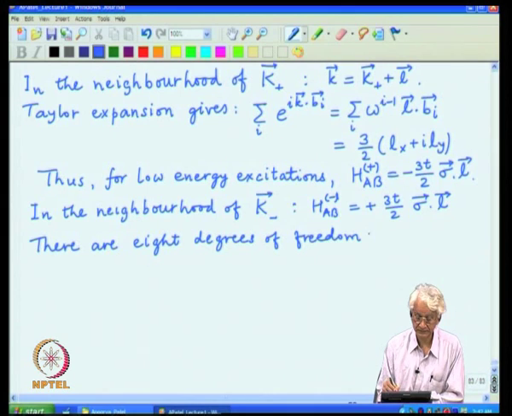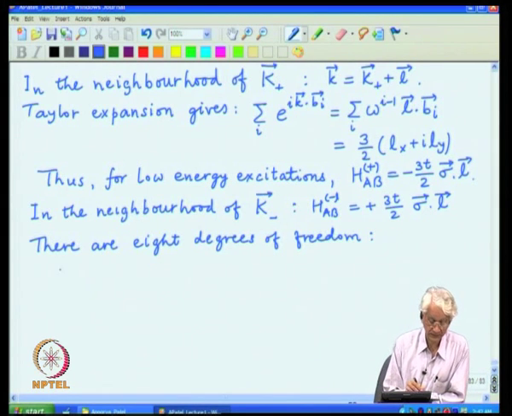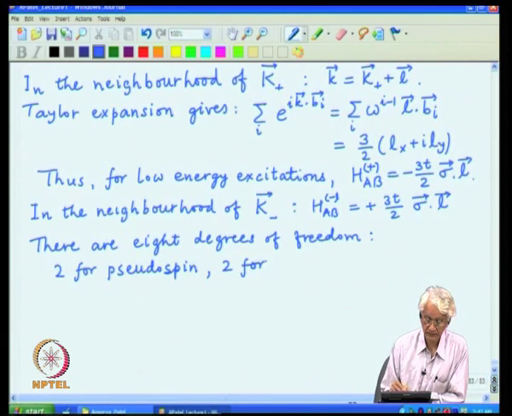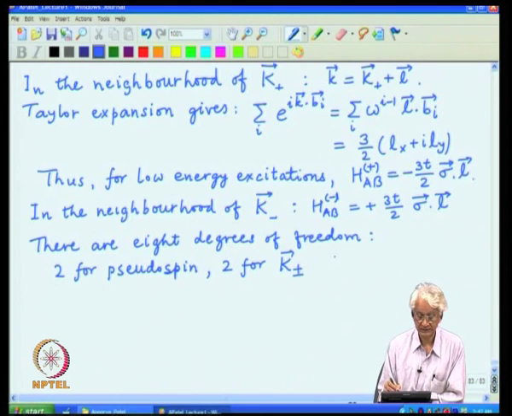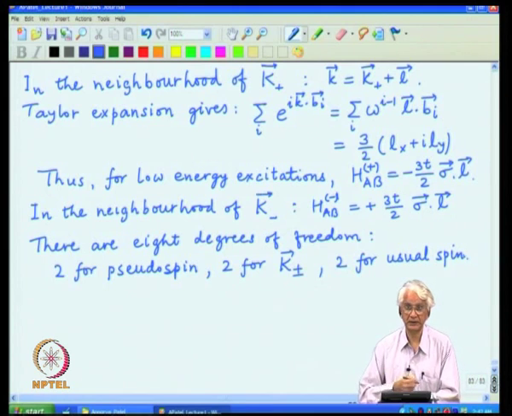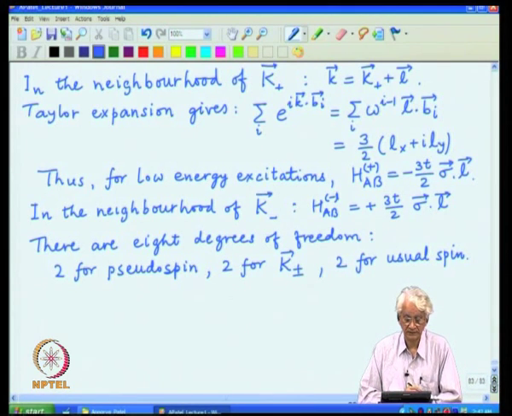They correspond to 2 for pseudospin, 2 for choosing either of this k plus or minus points, and the other 2 degrees of freedom, which I have not mentioned at all, is the usual spin of an electron.